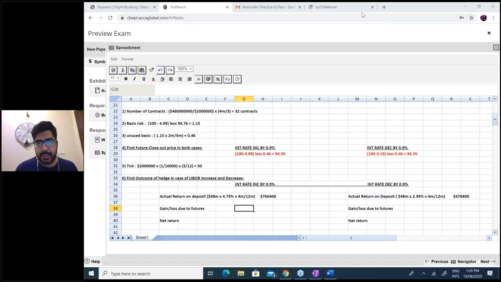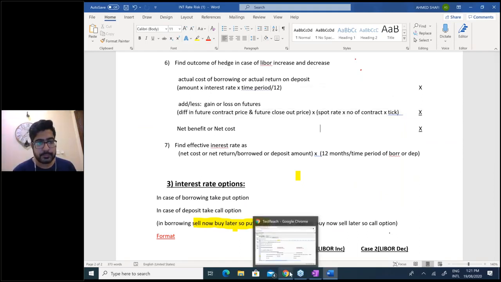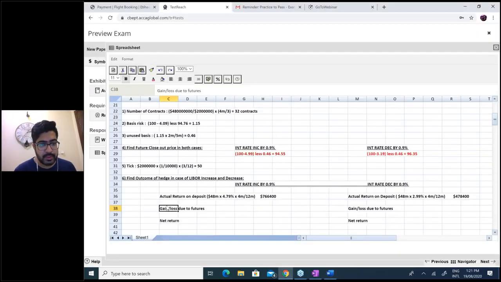Okay, so the last thing, gain or loss due to futures. Now look at the formula. It's the difference between the futures contract price and the futures closeout price into spot into number of contracts into tick. Remember, you took futures of March.